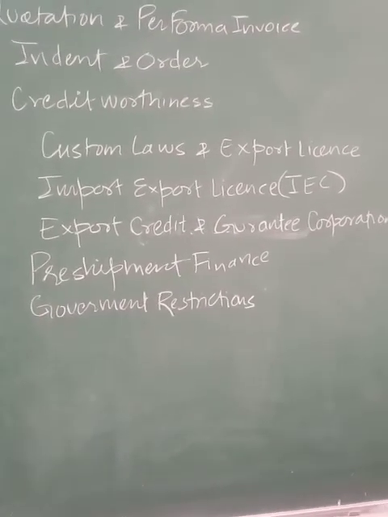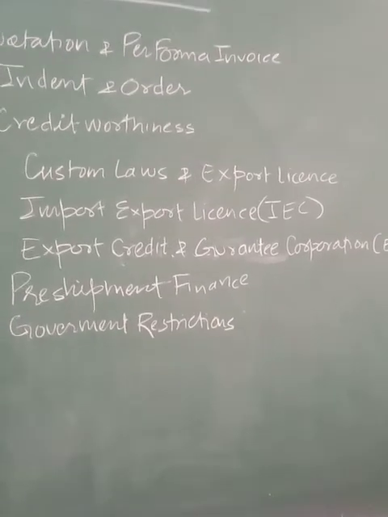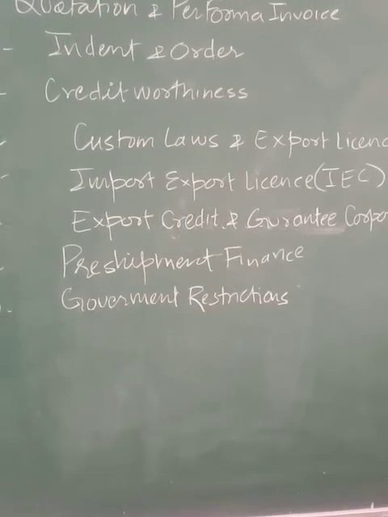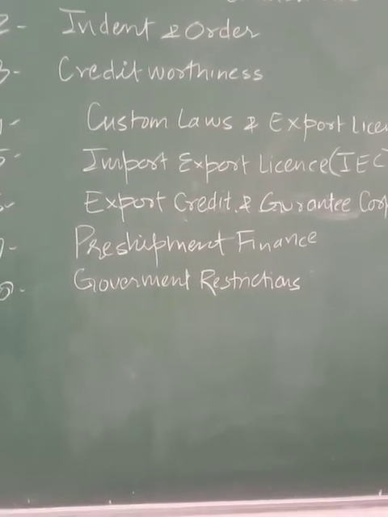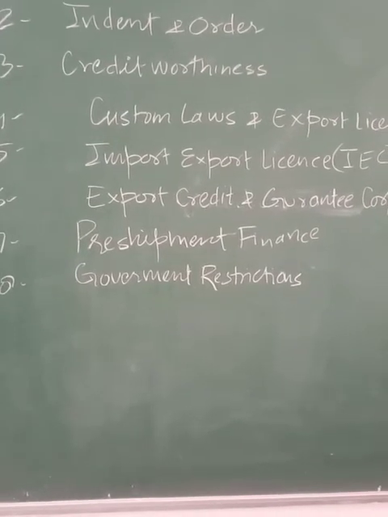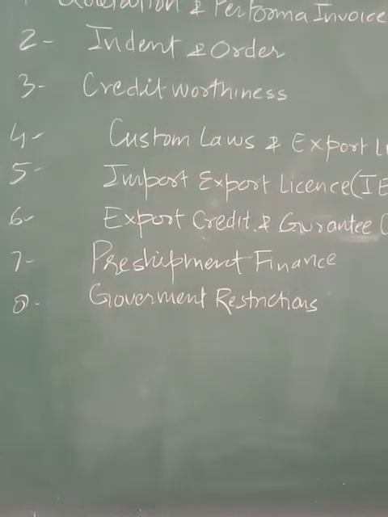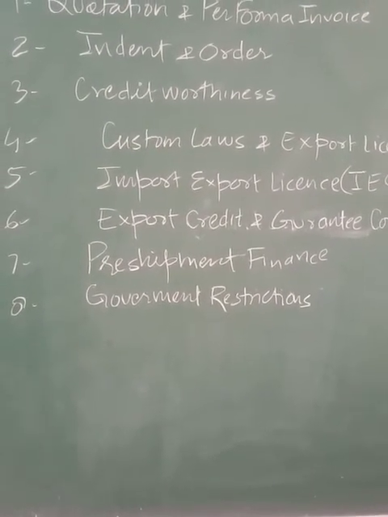Another document is the Export Credit Guarantee Corporation, ECGC. It is an important document because it ensures that if the importer fails to make the payment on time, then this credit guarantee corporation will provide financial assistance to the exporter for producing more goods for other companies.